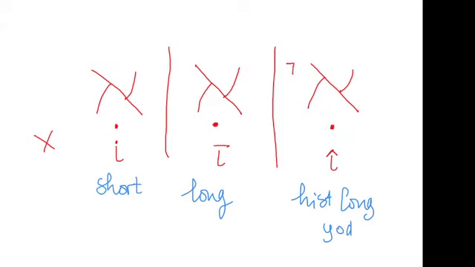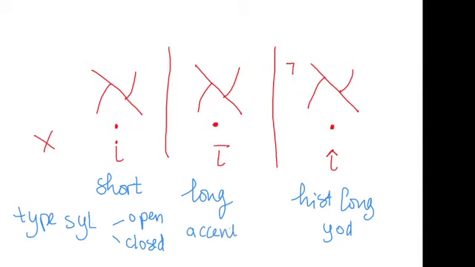Well, that is something coming up, but it has to do with the type of syllable that is either open or closed. And it has to do if it has an accent.